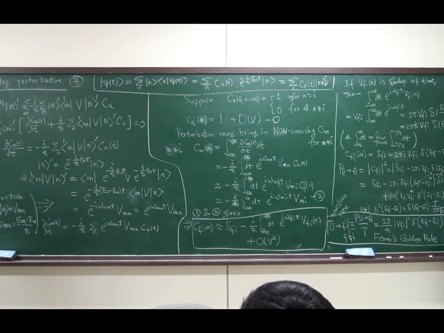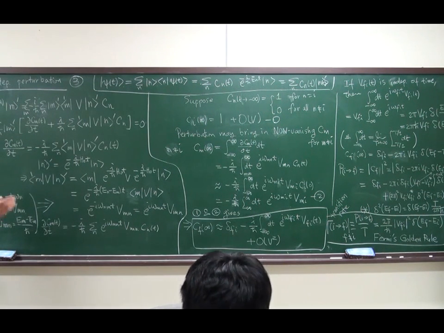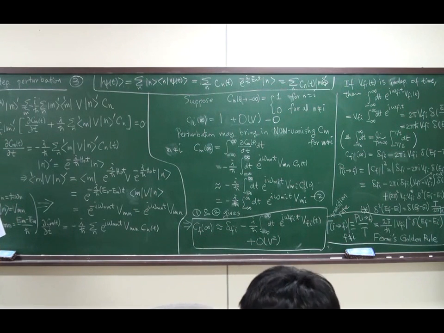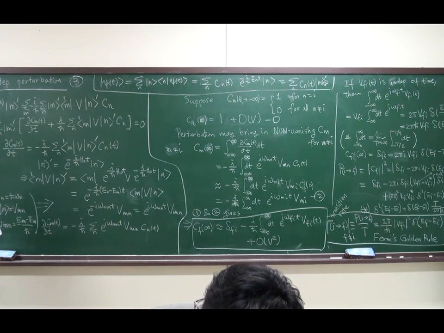We are interested in the transition from state I to the final state, where the final state is different from the initial state. Because the initial state to the same state is not so interesting, because the rate is almost trivial.